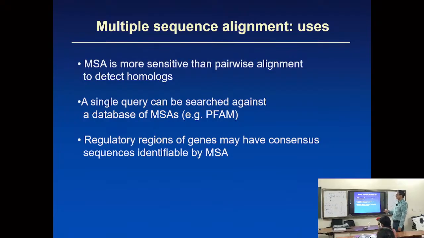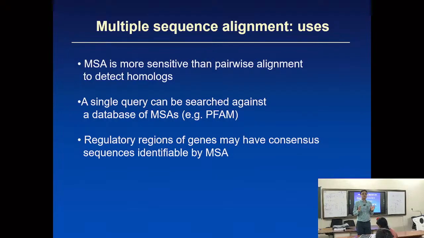Regulatory regions of genes may have consensus sequences identifiable by multiple sequence alignment. So regulatory sequences, promoter sequences, for example, transcription factor binding sites where transcription factors bind. They bind, which means there is some function associated with those non-coding sequences, so they should be conserved, right?